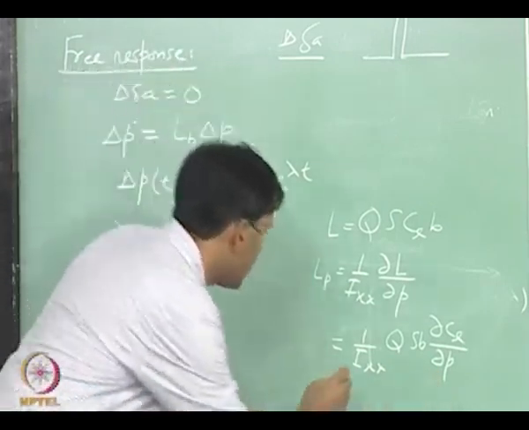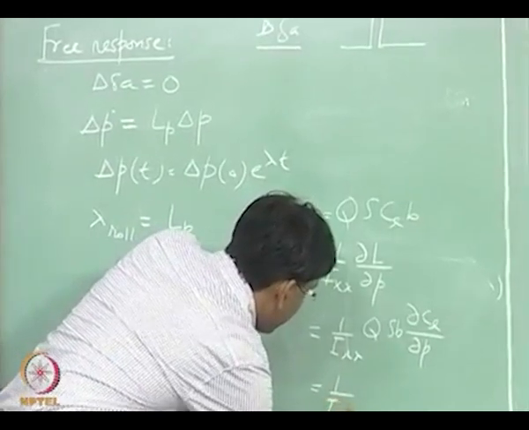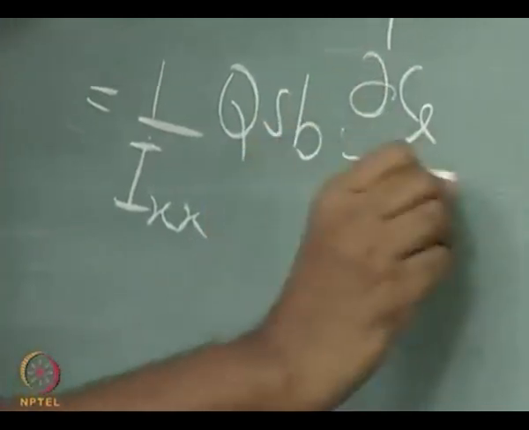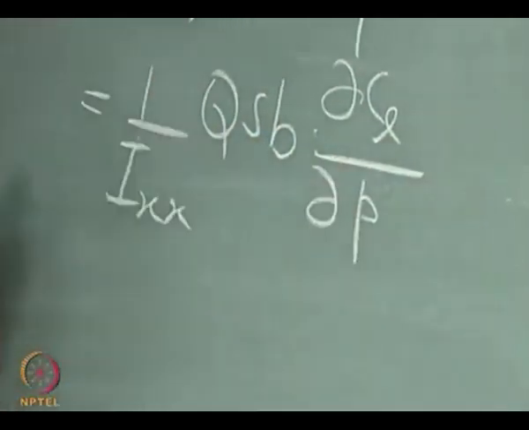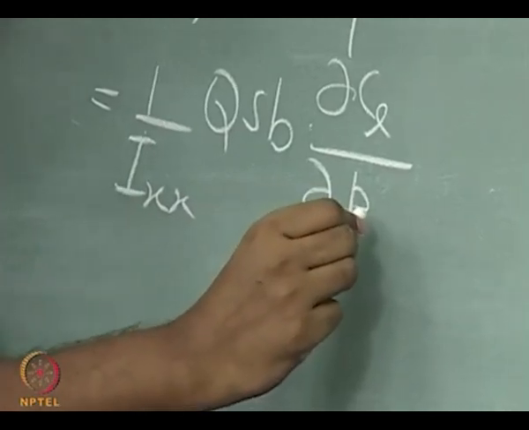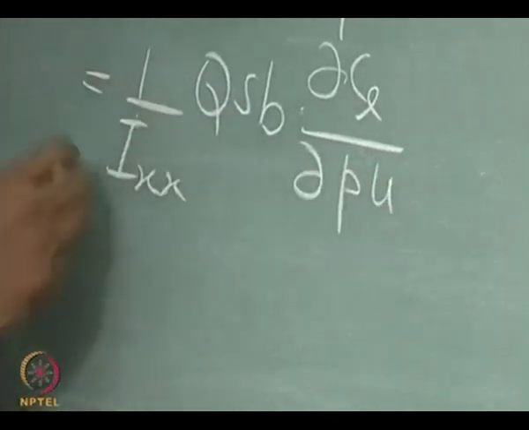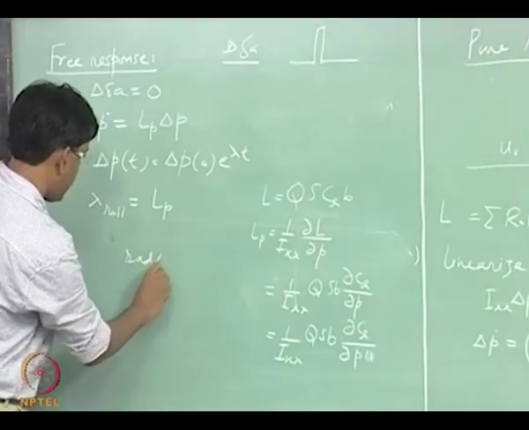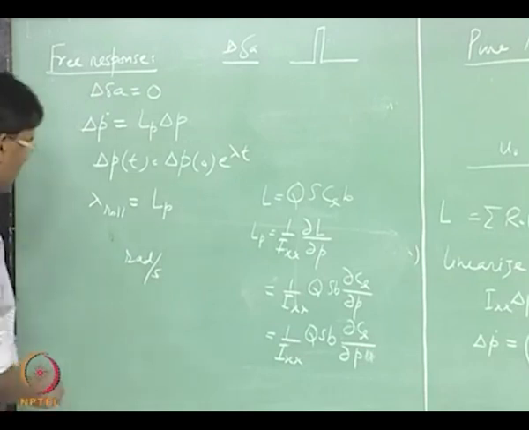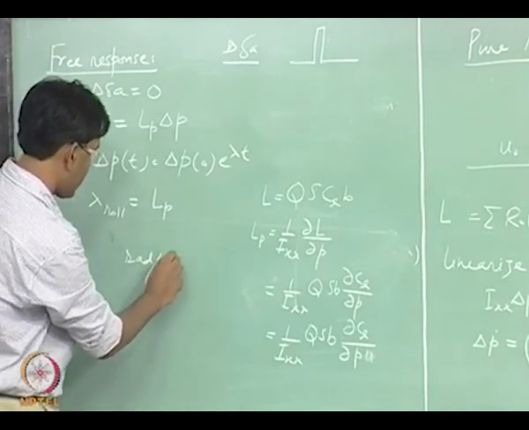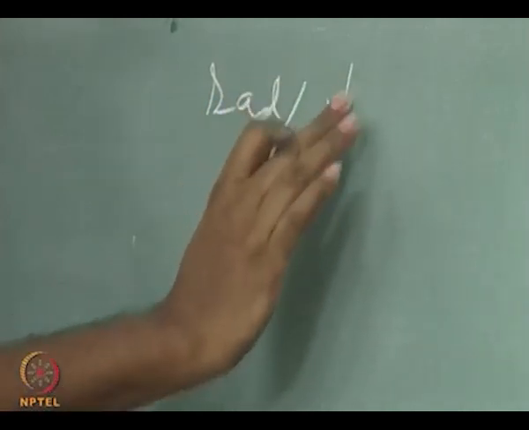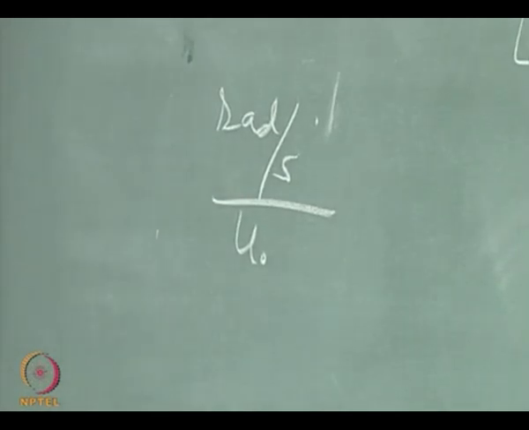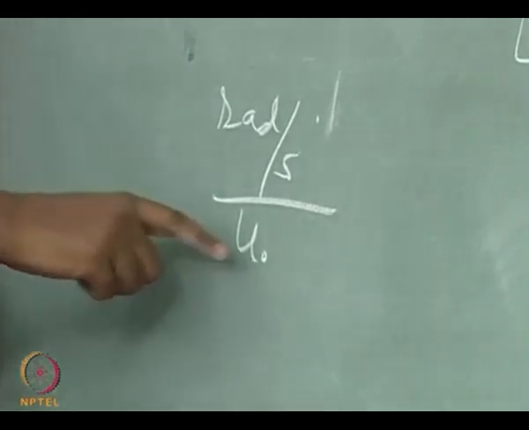So what you can do to get rid of that, P has a unit radian per second, so I have to multiply this by or divide it by u naught, so that the second goes, and then you have a meter left.